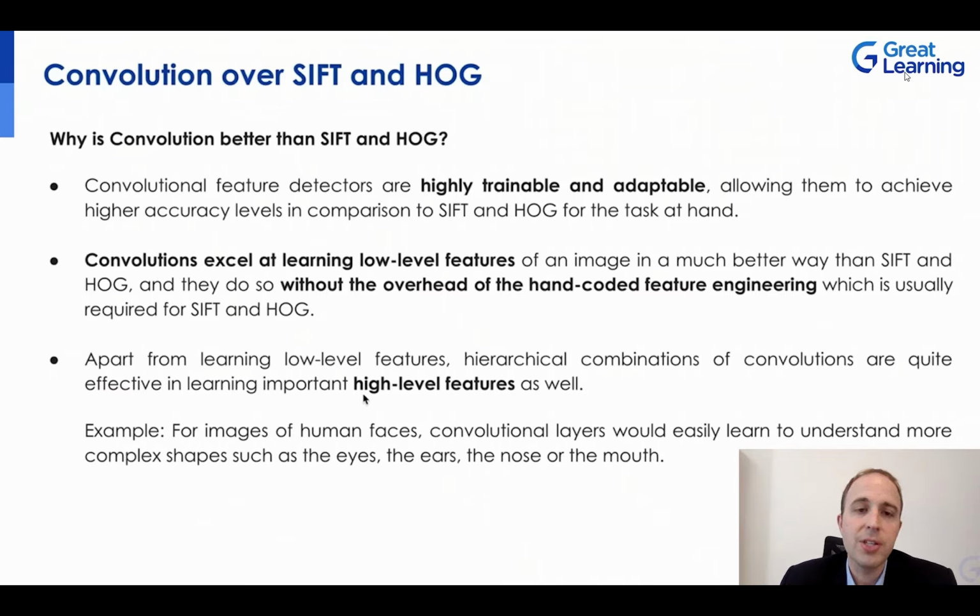The interesting thing is that if you do enough convolution, not only can you get low-level features, but you can get high-level features as well. So if we do one convolution to identify vertical edges and another convolution to identify horizontal edges, then we can combine those results and find where all the T's are, where a vertical edge meets a horizontal edge, or find where all the X's are.